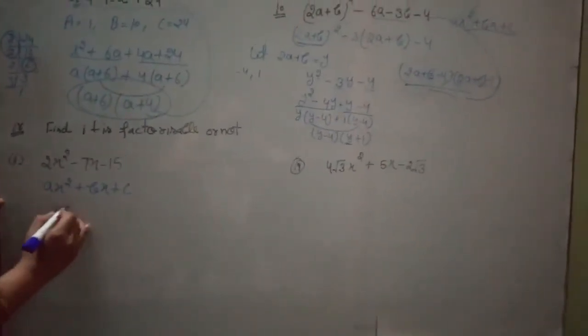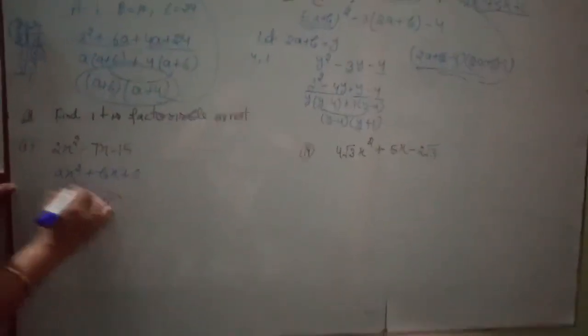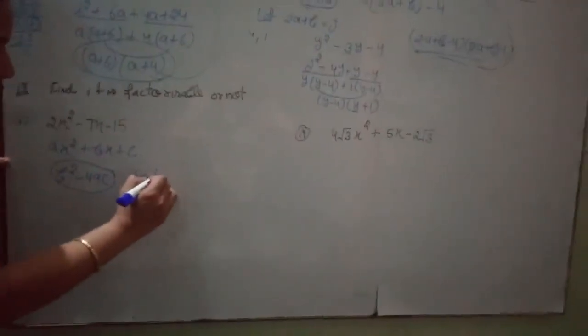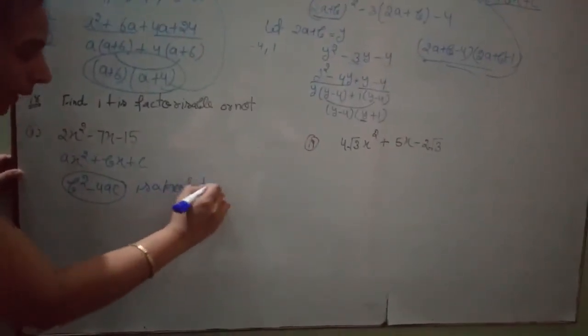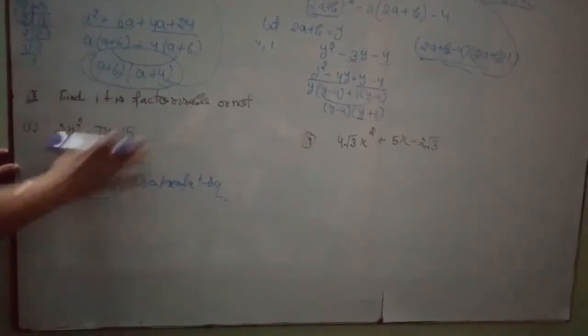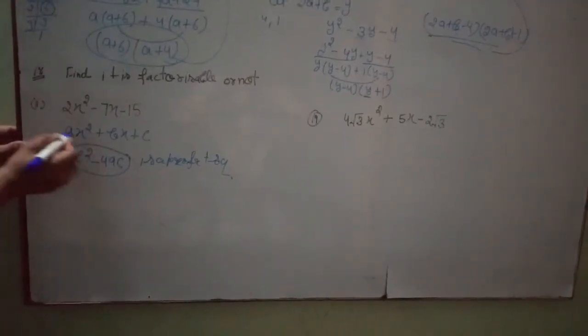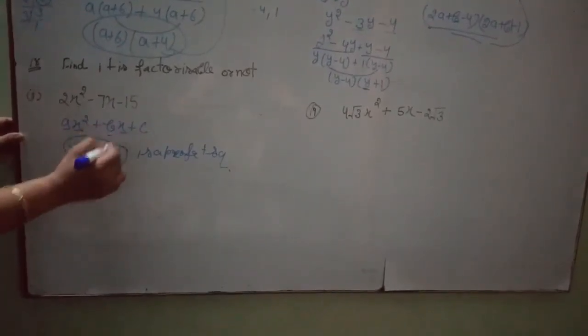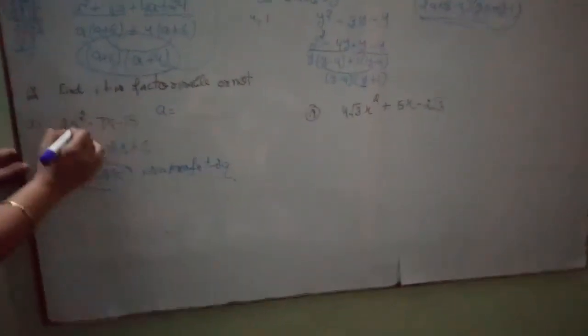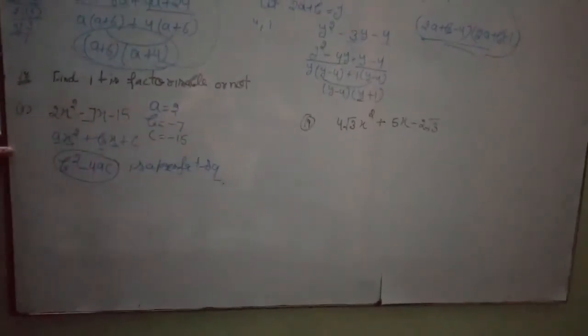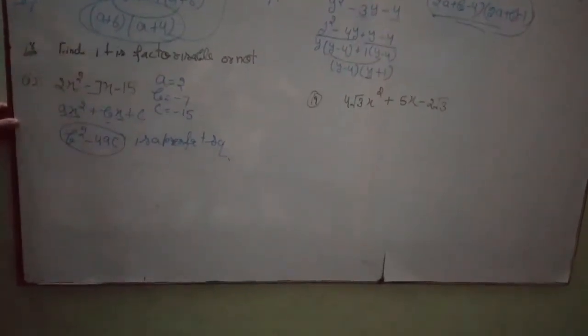If b square minus 4ac is a perfect square, then this trinomial is factorizable. So first we find b square minus 4ac. The coefficient of x square is a, the coefficient of x is b, and the constant term is c. So here a equals 2, b equals minus 7, and c equals minus 50. First we check whether it is factorizable or not.